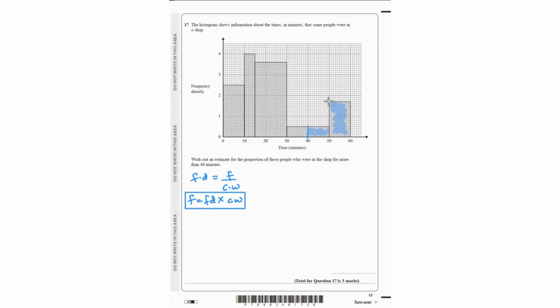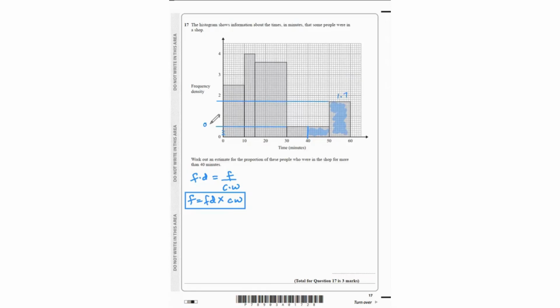For the frequency density for 50 to 60, we connect this to the scale, so that's 1.7. And for the other one, I think, 1.5. 1, 2, 1, 2, 3, 4.